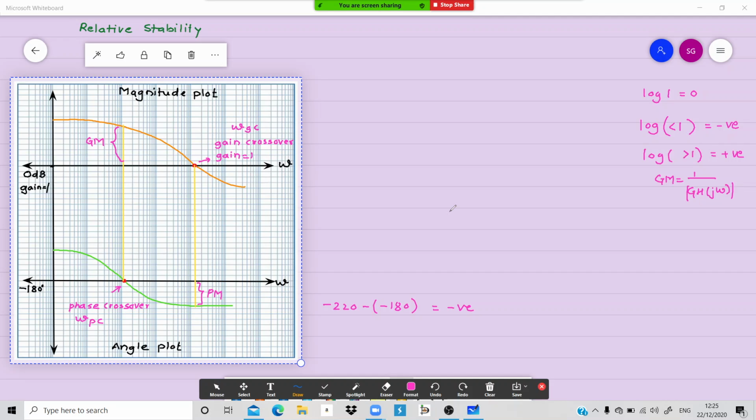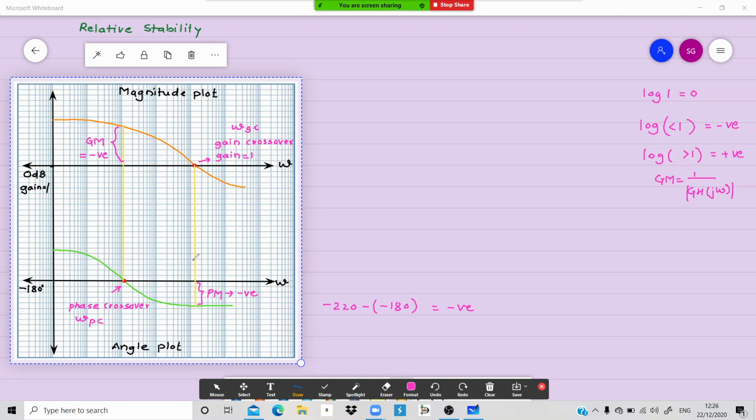Now this gain is becoming greater than 1, so GM will be less than 1. When GM is less than 1, log of that is going to be negative, and that means your gain margin is becoming negative. So definitely this PM is negative and this GM is also negative. Whenever gain is positive, GM will be negative.